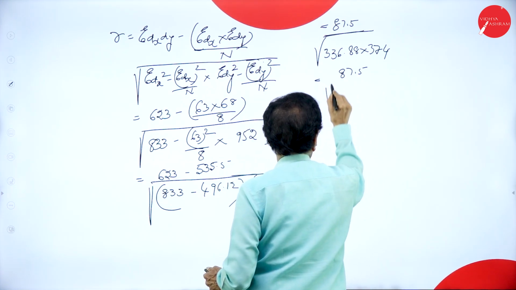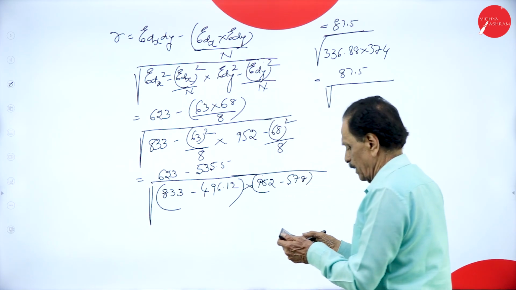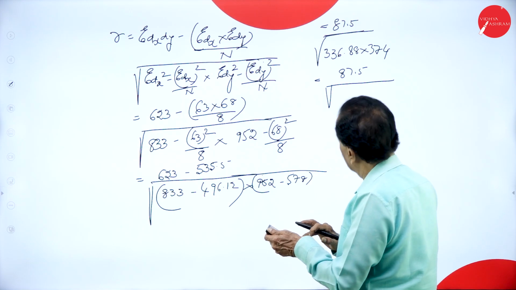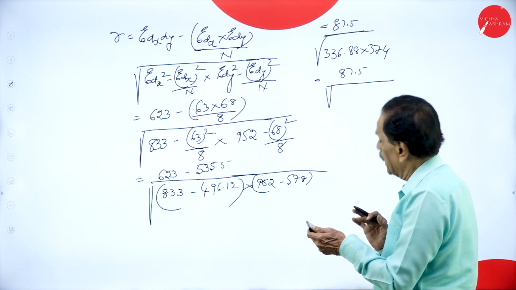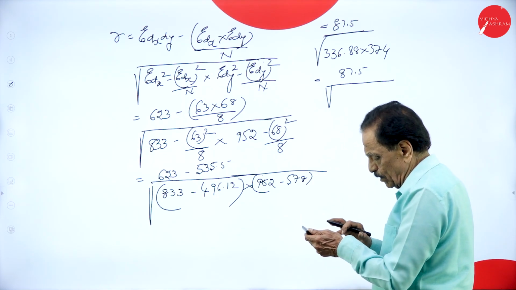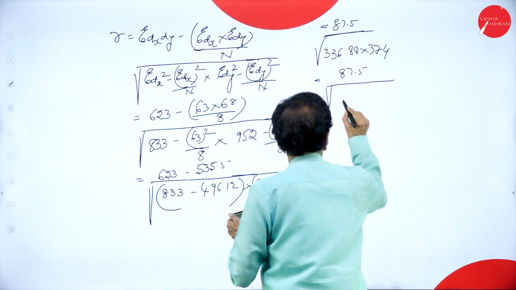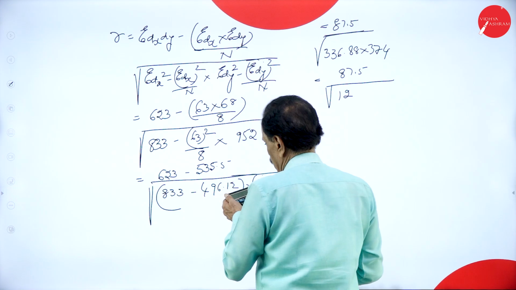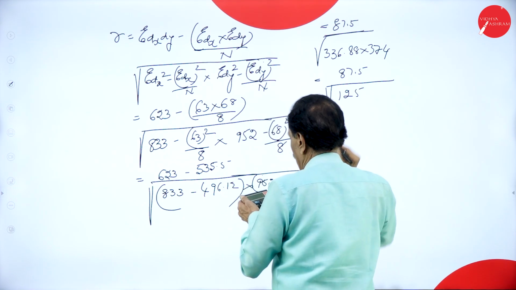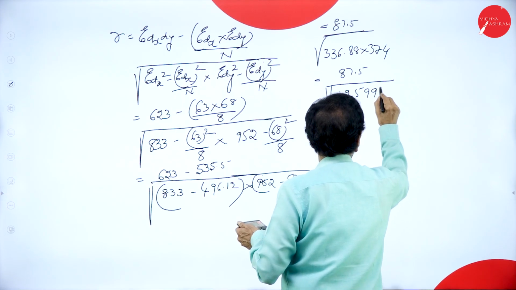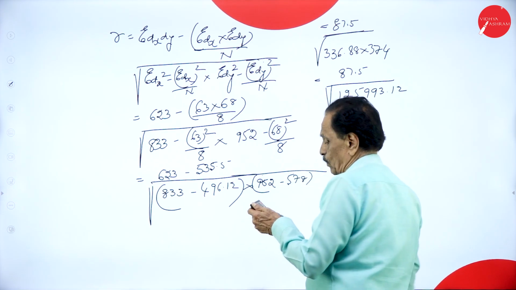87.5 divided by root of 336.88 into 374, that is 125,993.12.